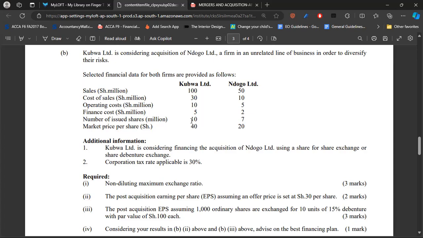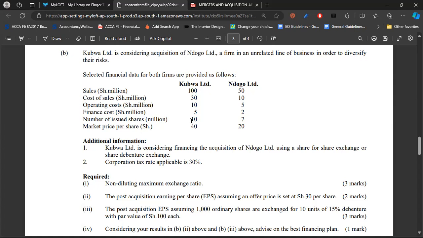Additional information. 1, Kuba Limited is considering financing the acquisition of Dogo Limited using share exchange or share debenture exchange. 2, corporation tax rate applicable is 30%.